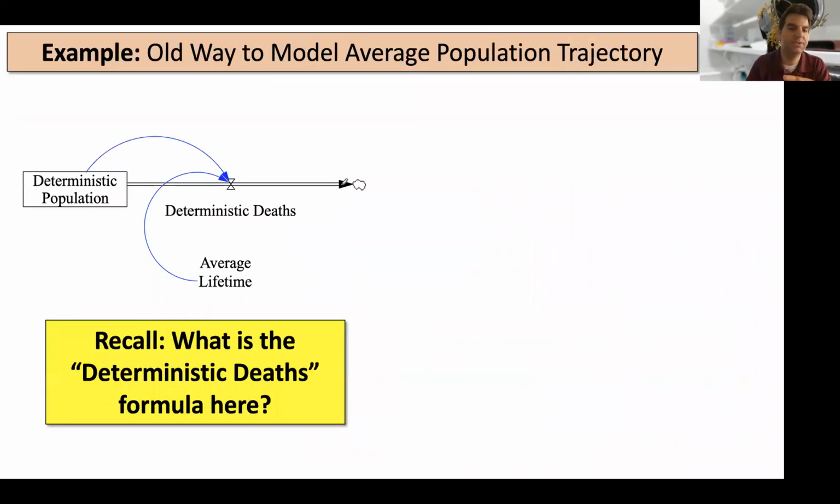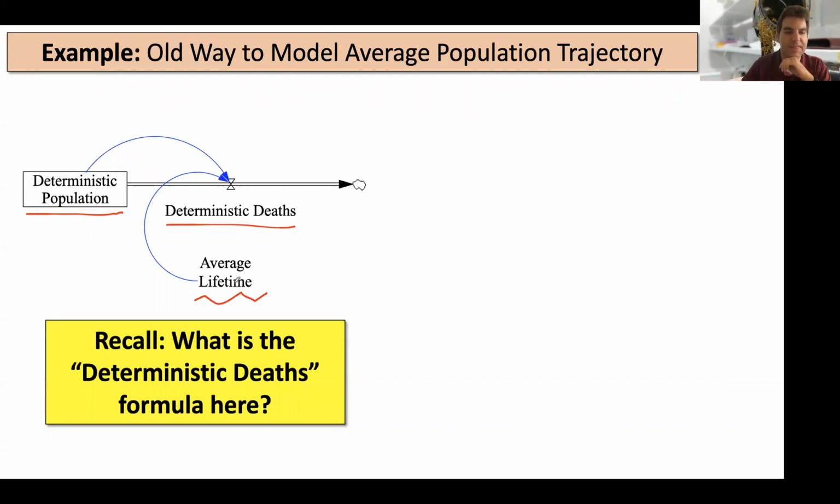So to get closer to what I mean, let's go back to thinking about bacteria. Here's the old way that we implemented bacteria. We had a deterministic population of bacteria, and we had an outflow of that bacteria. I'll call it deterministic deaths. And we put an average lifetime in here.